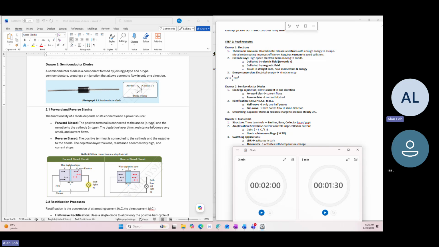The P-type terminal and the N-type terminal that you read just now in step 2 on the P and N junction, right? That is related to the P and N junction. So P is positive, anode, N is negative. So you can see, where is anode? Anode is here. Cathode is here, right? So when you move the current from positive to negative, you'll be able to light the bulb. But if you do it the other way around, you see the battery now is being flipped.